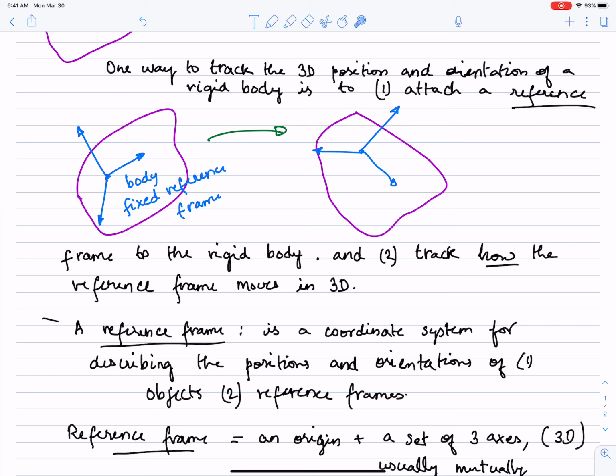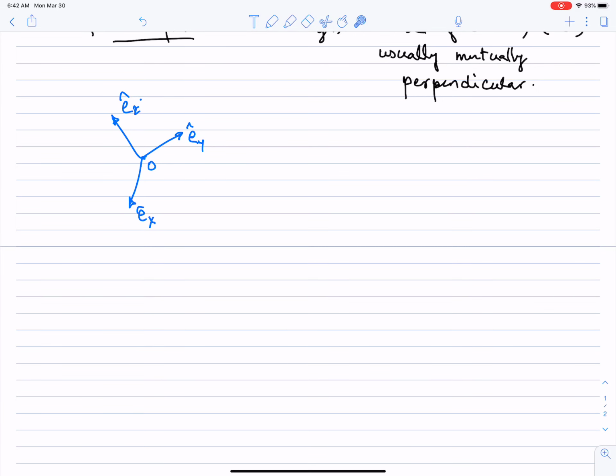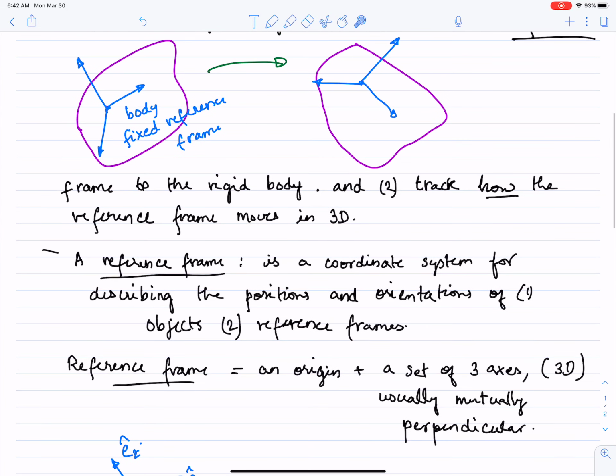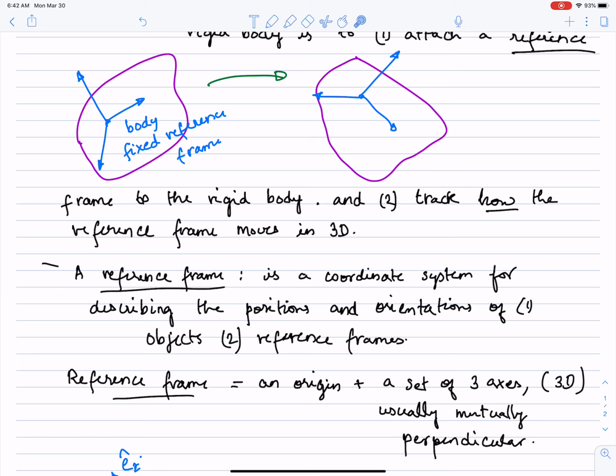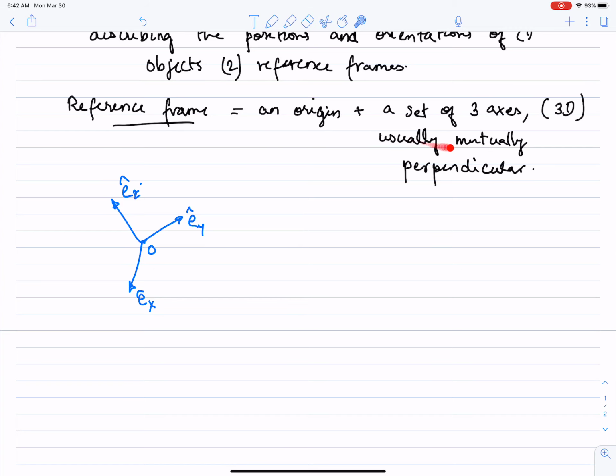So tracking the reference frame, which is just three axes plus an origin, is a simpler object. And the idea is that tracking the simpler object allows you to track the more complicated object, the rigid body. That is not immediately obvious, perhaps, but that is essentially a theorem that tracking a body fixed reference frame is sufficient to describe the motion of a rigid body that is attached to that reference frame. Okay, so that's a reference frame, an origin and a set of three axes.